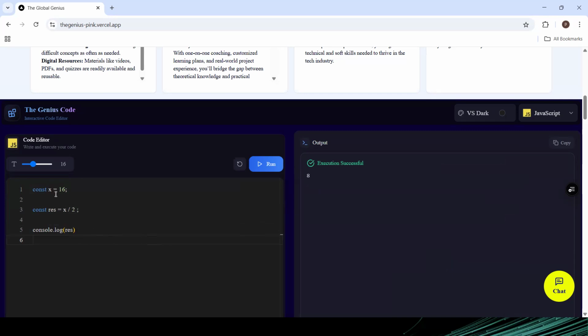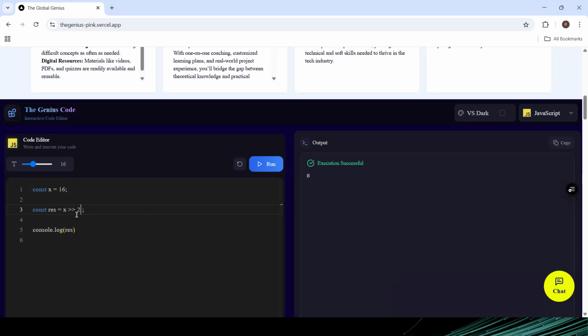So instead of me doing x divided by 2, remember, I will do right shift. Remember, right shift is equivalent to the number divided by 2 raised to the power of the number of bits.